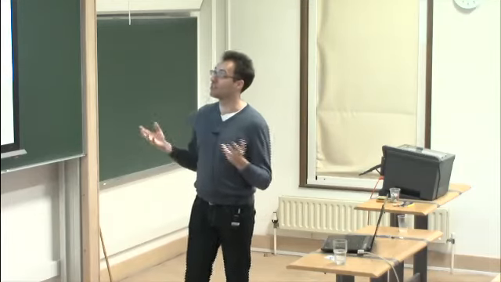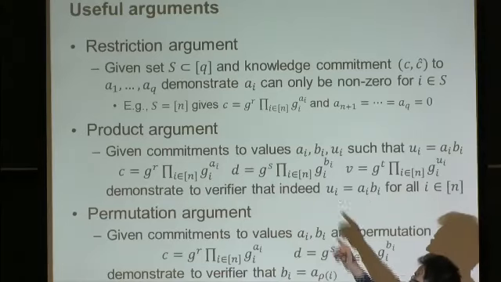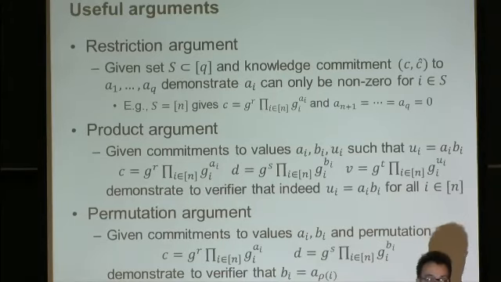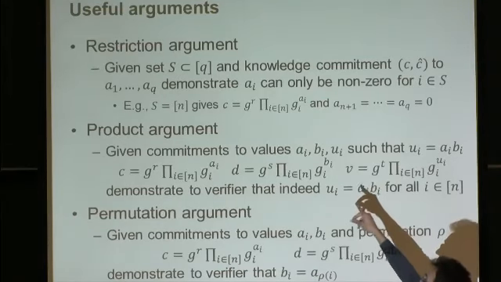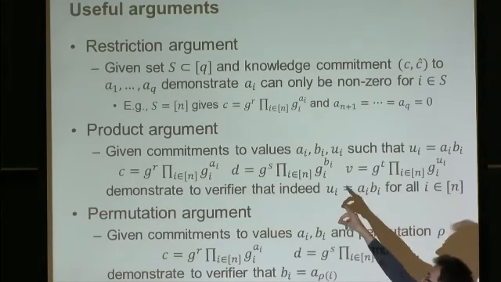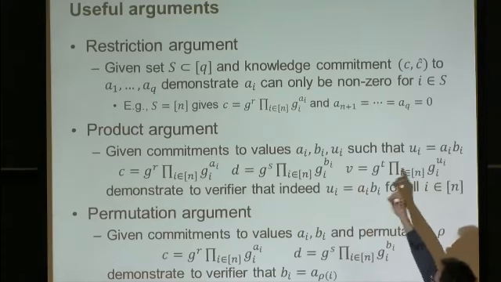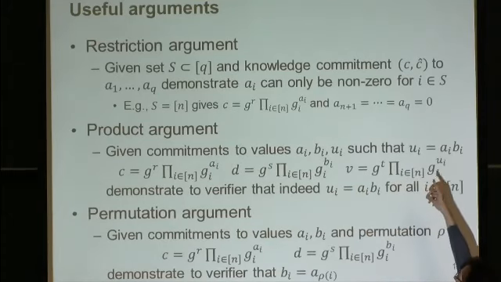One example would be to take the set from 1 through n, where n is smaller than q. If you give this kind of restriction argument, you guarantee that the commitment is of the form g_i to the Ai for i up to n, and from n plus 1 up to q, they're going to be zero.